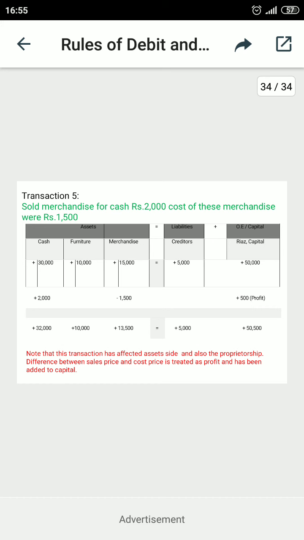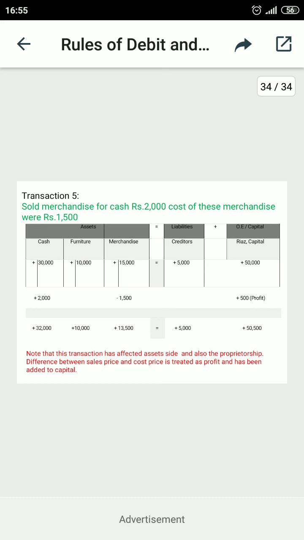The difference between the two is 500. The 500 is a profit, selling price minus cost price is equivalent to 500. Profit will increase capital; if it is a loss, it can be deducted. Now the effect is on both sides: a 500 difference on the debit side and a 500 difference on the credit side. The same results appear in the form of the equation.